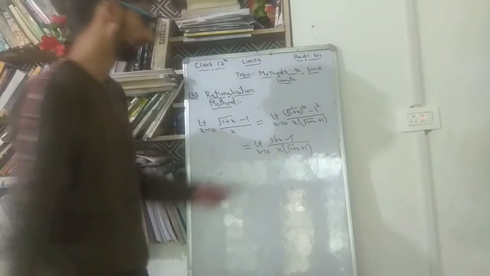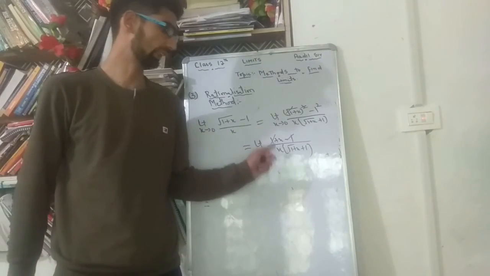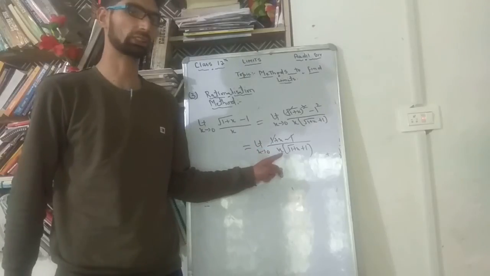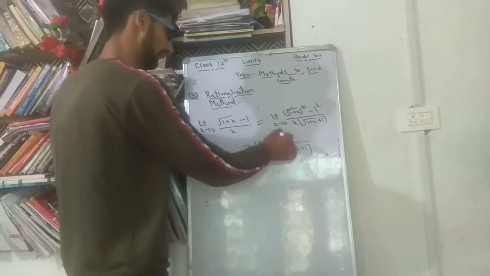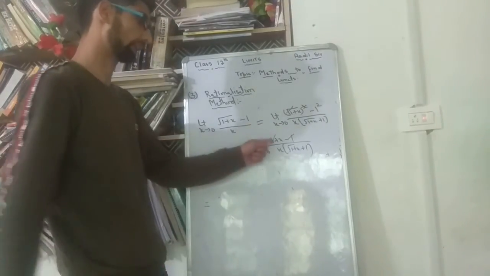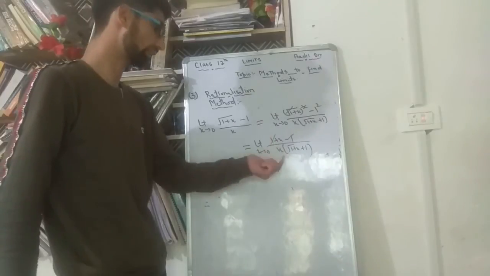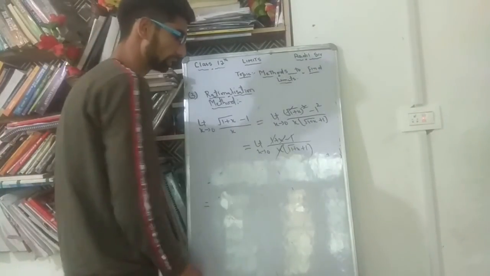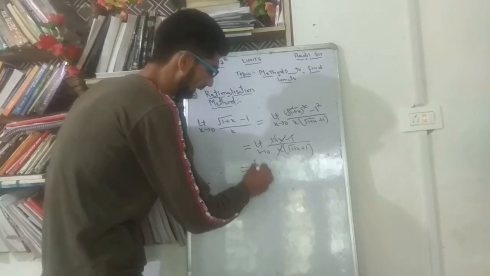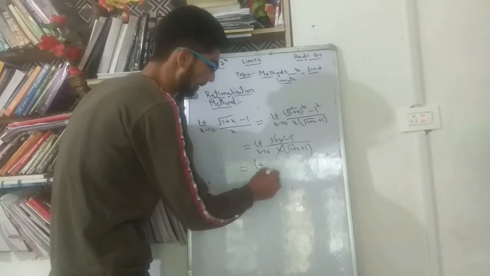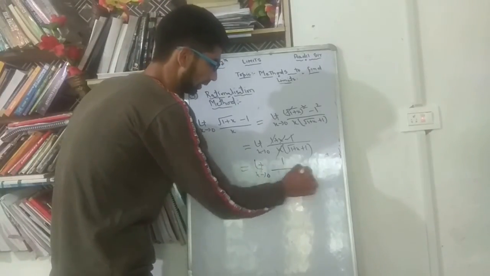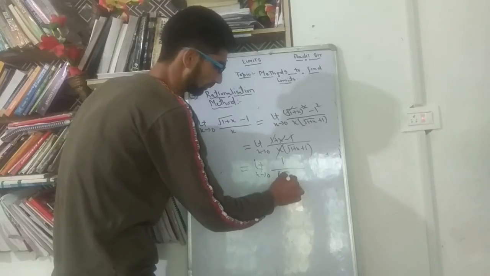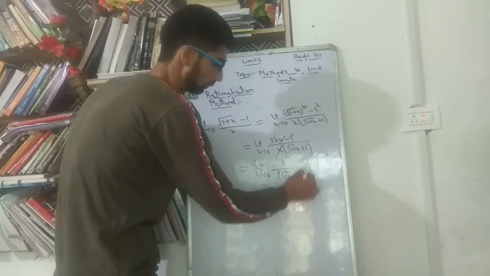But here now we have in the numerator x and in the denominator we have x multiplied with this. I am cancelling here in the next step, but you can cancel it in the next step. This x is getting cancelled with this x, so I am getting now limit x tends to 0, 1 divided by root of 1 plus x plus 1.